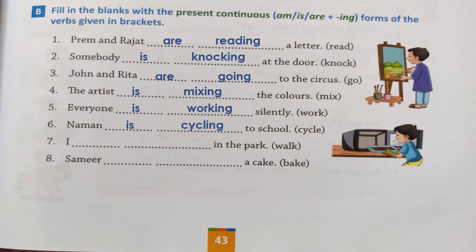So write I am. Walk will become walking in the park. Number 8, Samir. Again singular, so you will use is, and bake will become baking. Now bake ends with E, so what will you do? Right, you will remove E and add ing. Baking a cake.